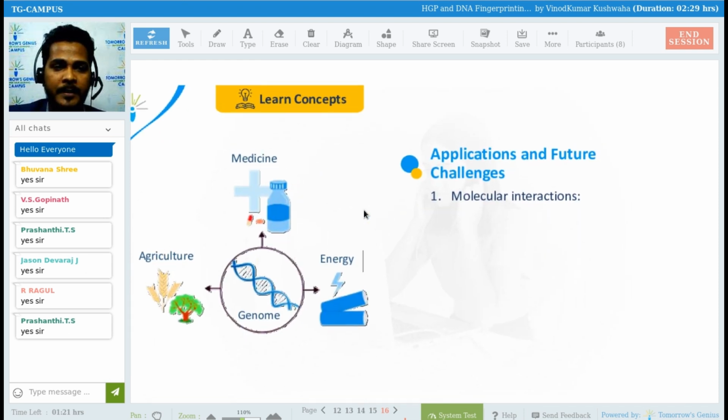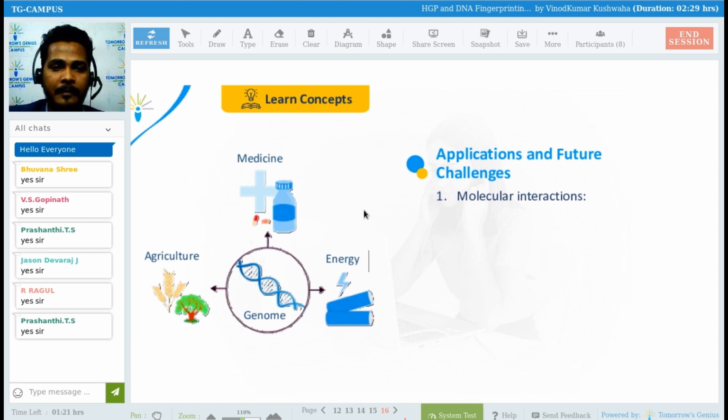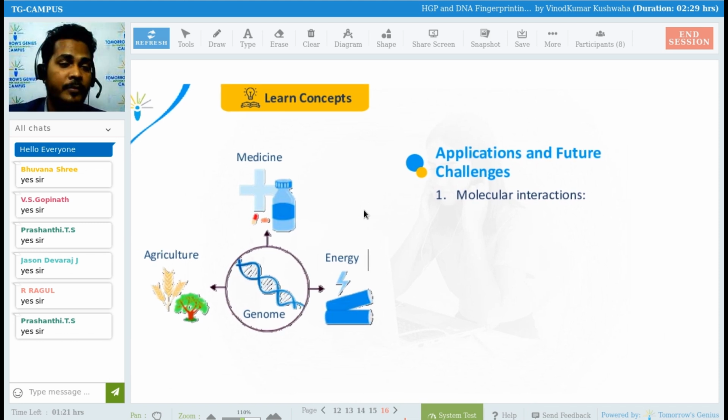Okay. Now let's talk about the applications and future challenges of this Human Genome Project. The very first application is molecular interaction. Now, what is this molecular interaction? Let's focus on and try to understand molecular interaction.